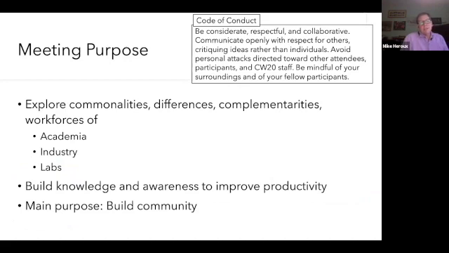So I wanted to give a little bit of an overview of the purpose of the meeting. Generally speaking, there are quite a few meetings about software engineering and software productivity. What I wanted to get out of this meeting was to bring academia, industry, and labs closer together.